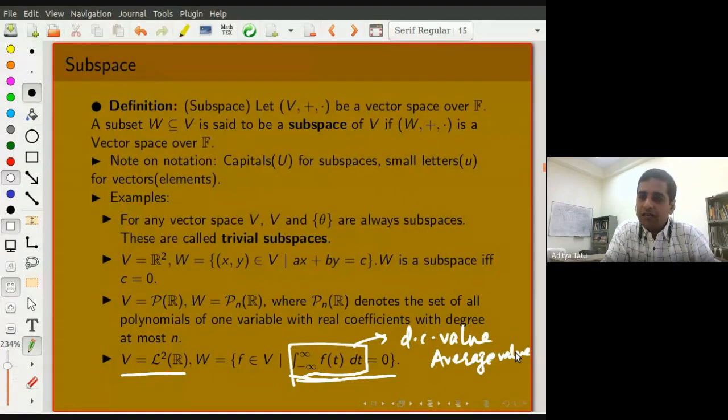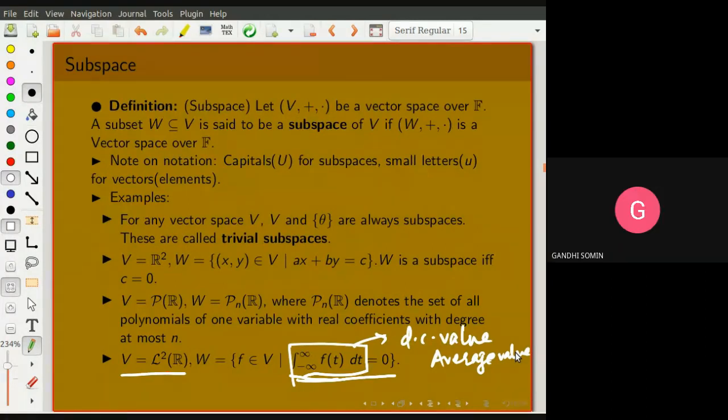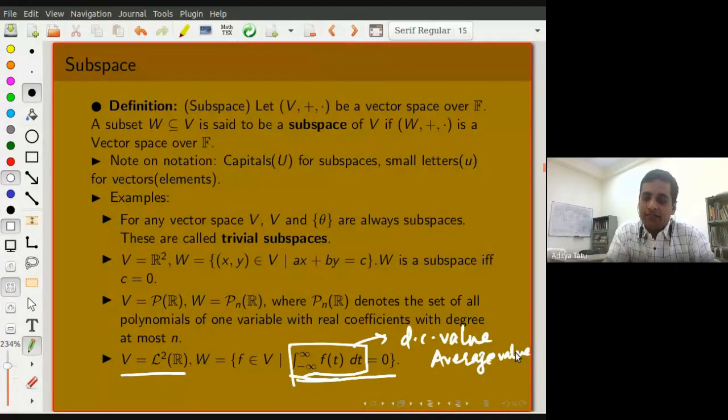You study DC value, I'm sure, even in your basic electronic circuits course. So this left-hand side is nothing but the DC value. So W is the subset of all finite energy signals whose average value is 0.